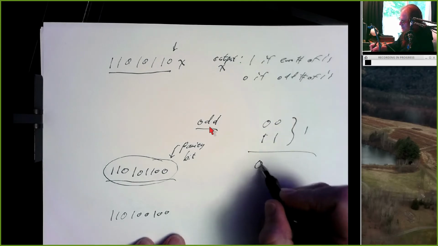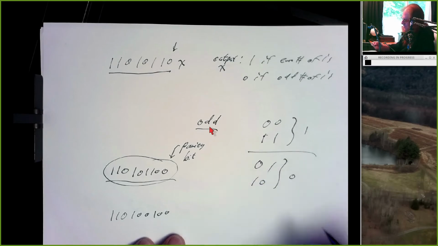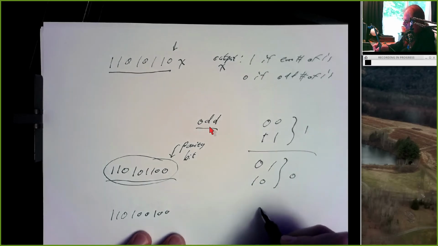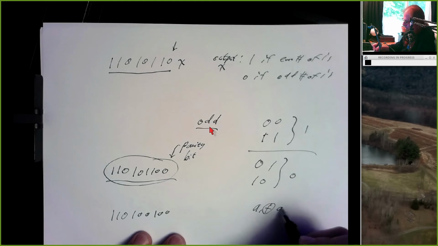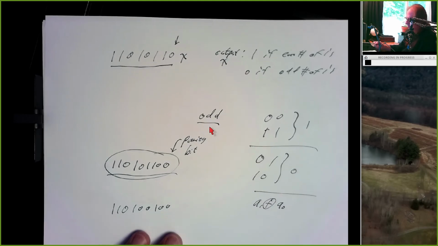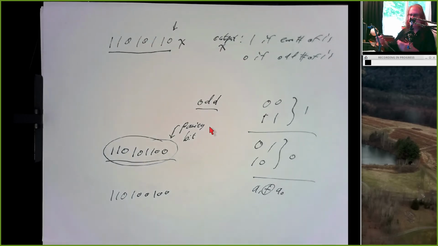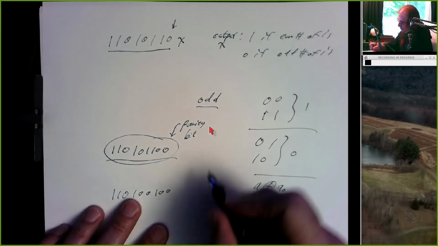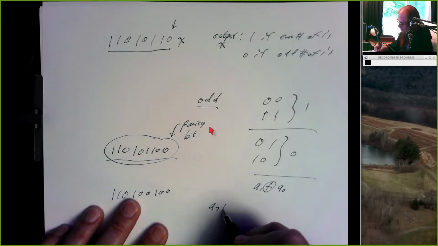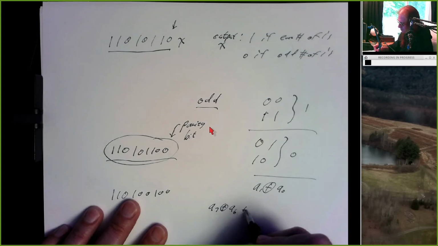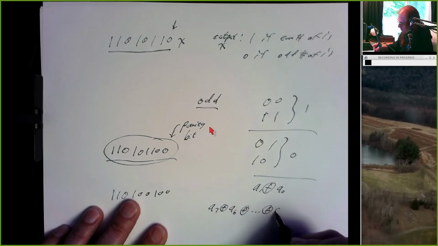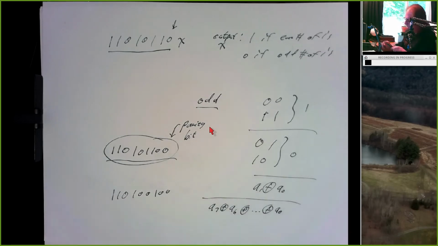And if it's a 0, 1 or a 1, 0, your output should be a 0. And so this was an exclusive OR complemented. And if you continue that chain of thought, what you find is that the way to generate the entire signal is to XOR all 8 bits and then negate that.